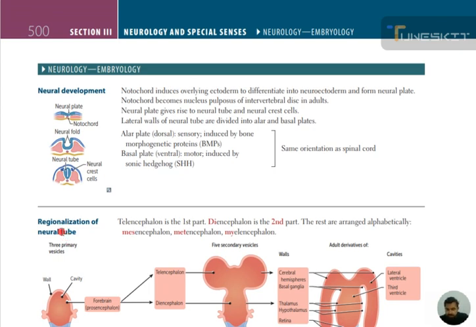The regionalization of the neural tube: here we will see which part will develop into which structure. The first part is called the telencephalon. Diencephalon is the second part, and the rest are arranged alphabetically: mesencephalon, metencephalon, and myelencephalon.